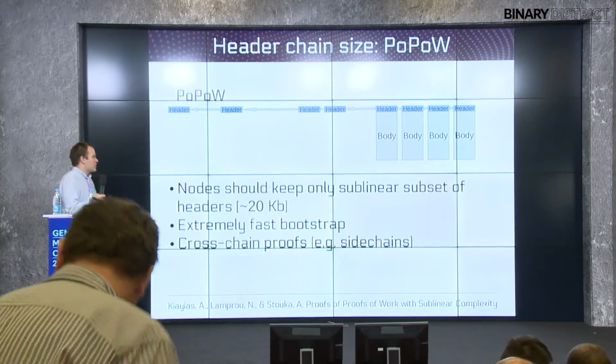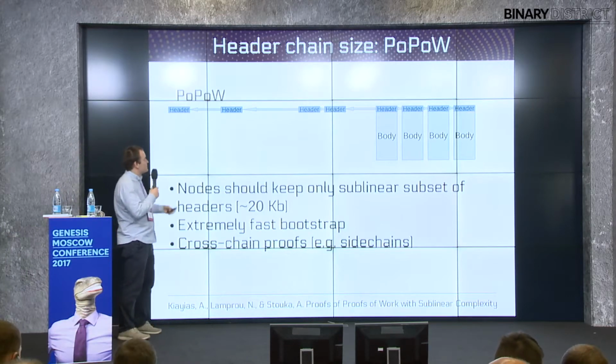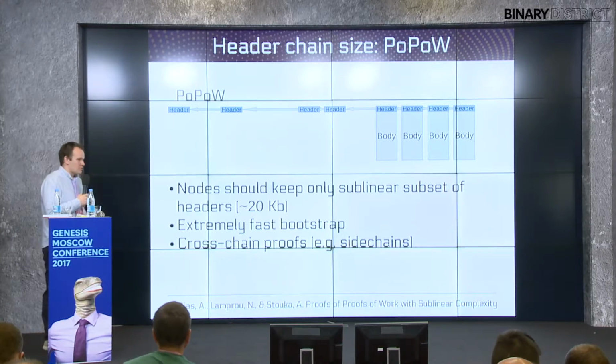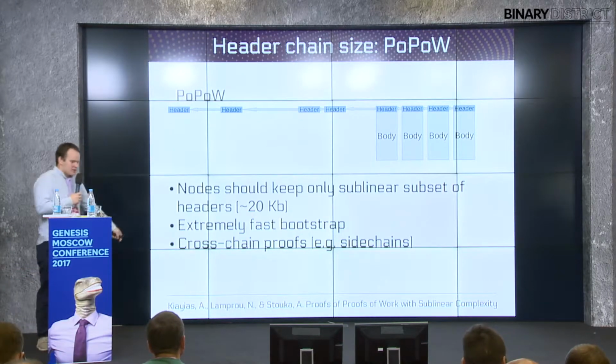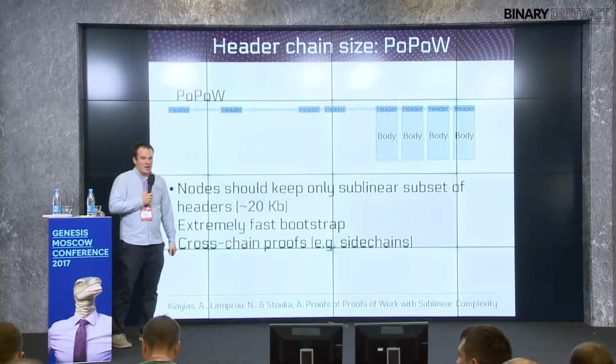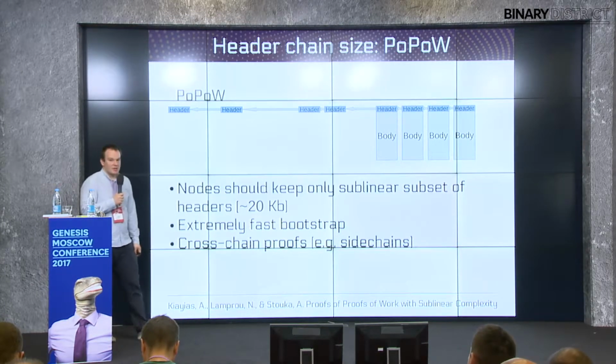The second idea I'm going to tell about for light nodes is so-called proofs of proof of work. It was also presented at Financial Cryptography about a year ago, and it's a paper of Aggelos Kiayias and others.